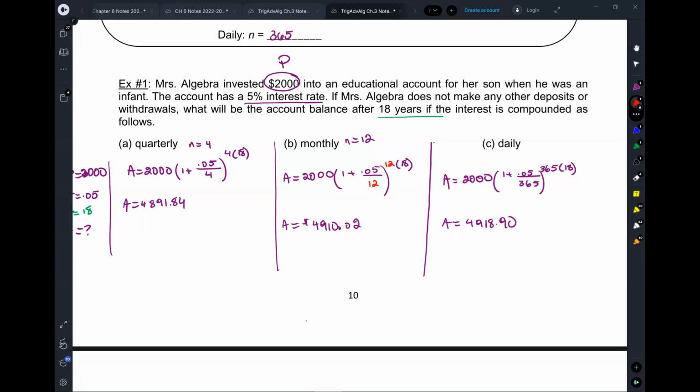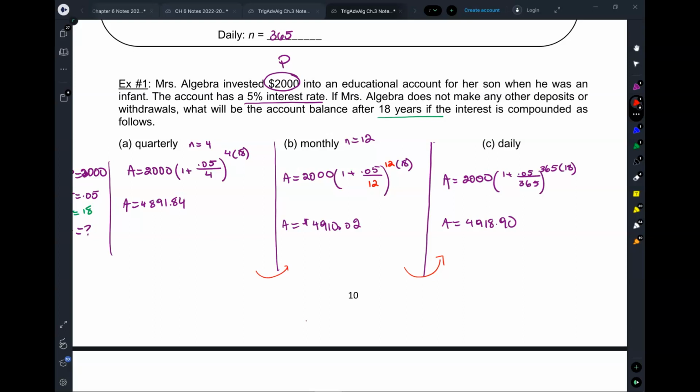So it makes you think we're going to get so much more money. But look at the difference between 4,891 and 910. That's not much money at all, over 18 years especially. And then this one, they're getting paid daily for 18 years. And you're like, man, they're going to be millionaires. But look at how much more. It's like $8 more than what they were getting monthly.